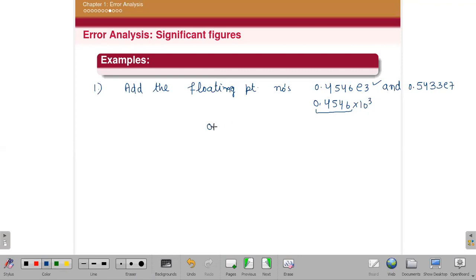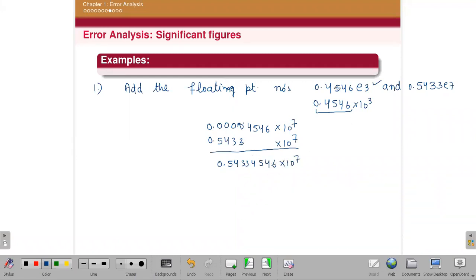So it will be 0.0000 with 4 zeros here, 4546 times 10 raised to power 7. And now writing 0.5433 times 10 raised to power 7. Now if you add these two numbers, it will be 0.54334546 times 10 raised to power 7.